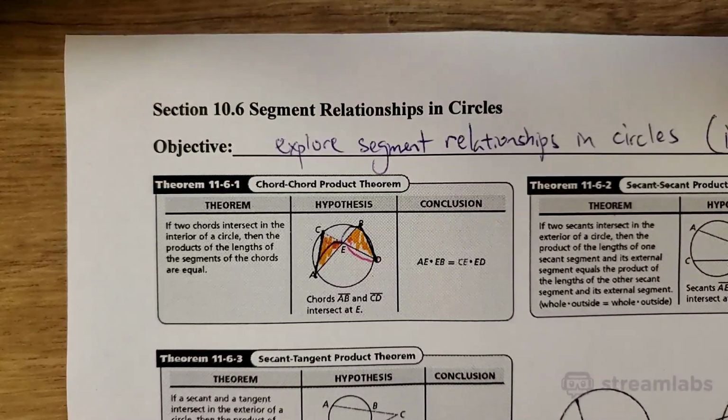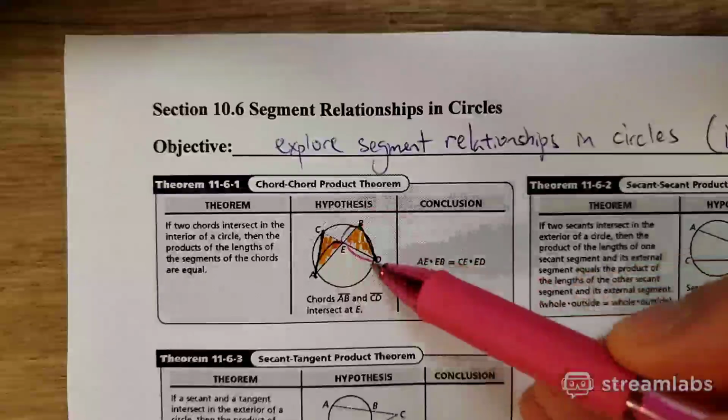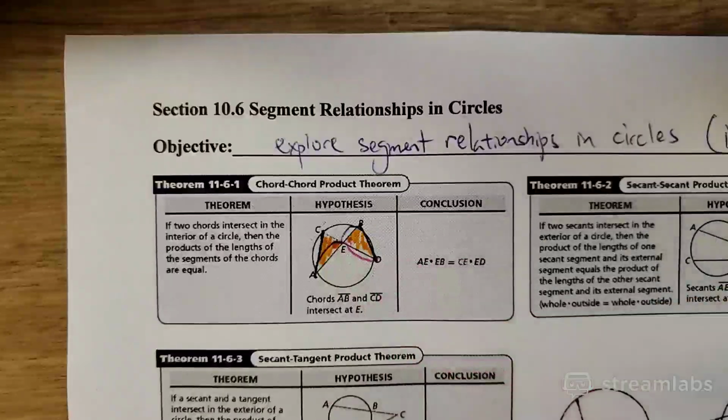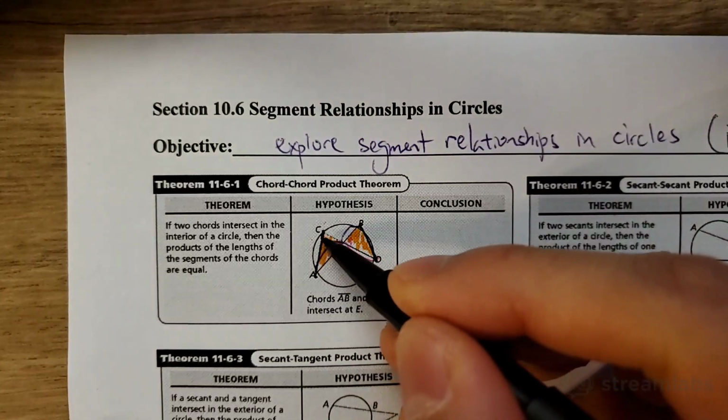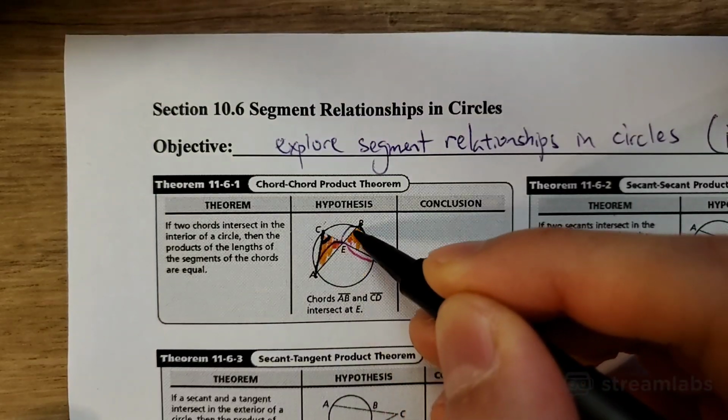We do not know the lines are parallel, so you can't use alternate interior angles. They could be the same, but they're not parallel. Let me help you a little bit. Look at this angle versus this angle.